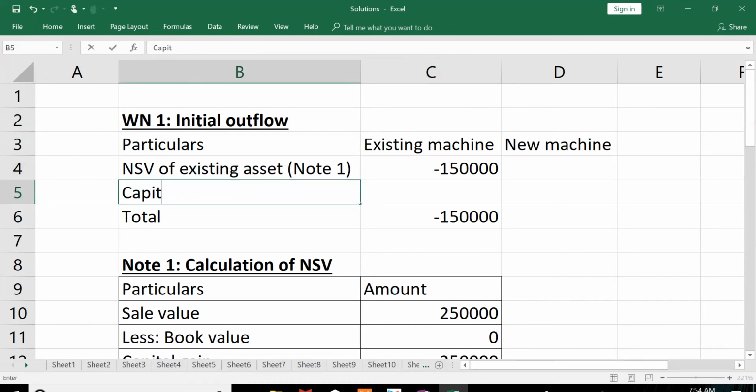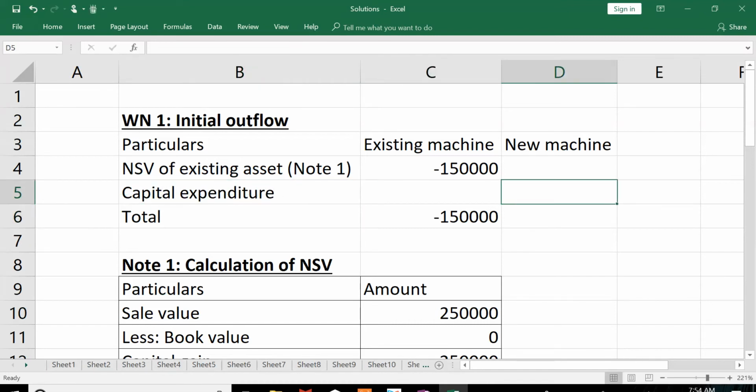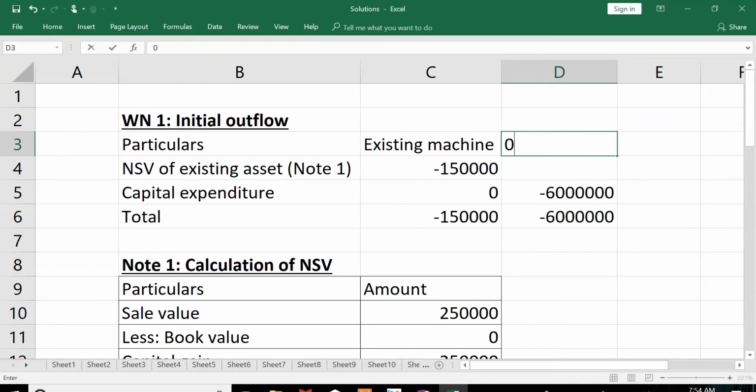What's the capital expenditure? How much? 60 lakhs. Capital expenditure is 60 lakh.